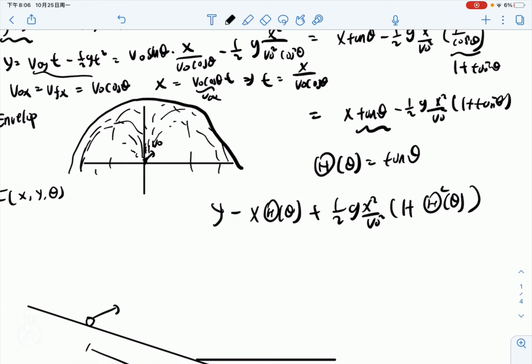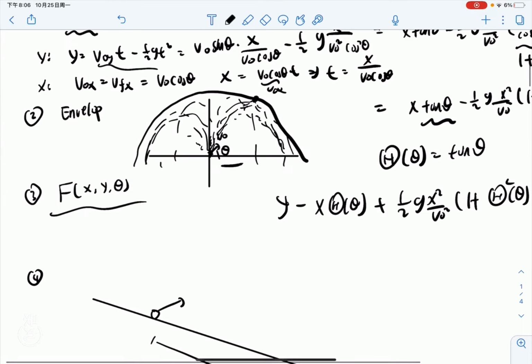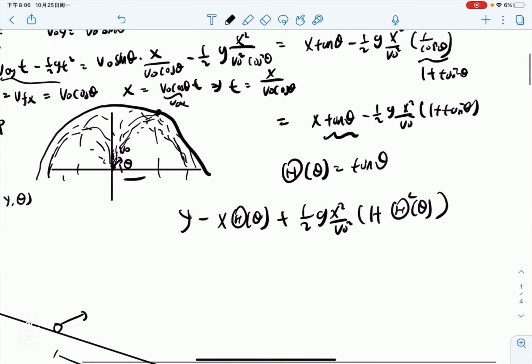If we vary the value of theta to a point where only one theta can reach this point, then we can find the equation for the envelope. I know this sounds kind of confusing, and I think the second method explains it better. We'll go over it pretty soon.